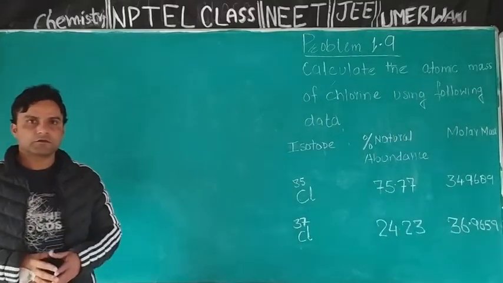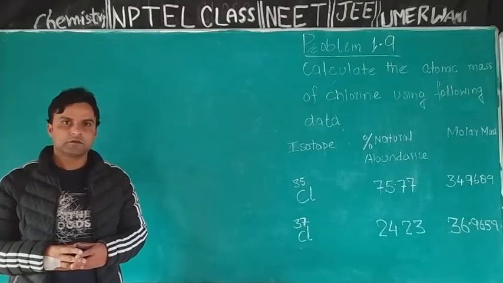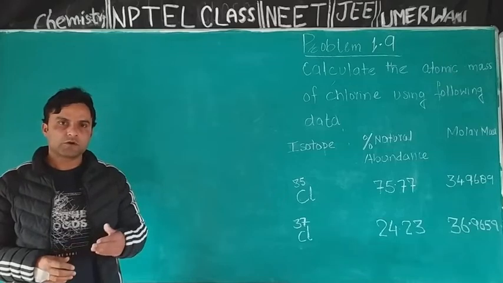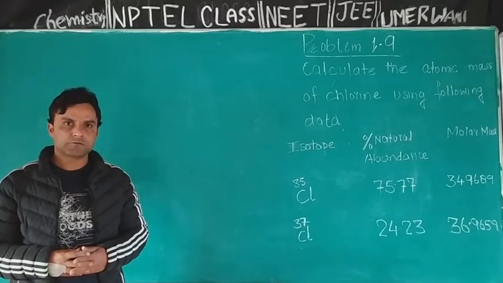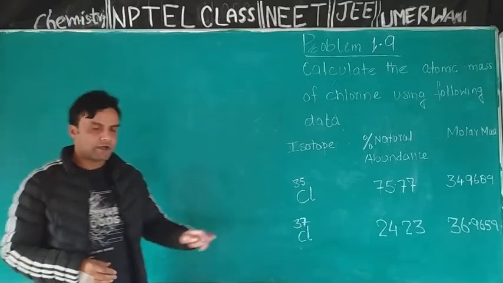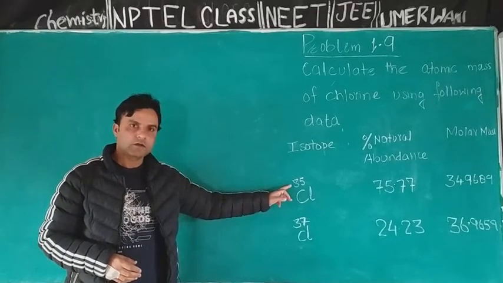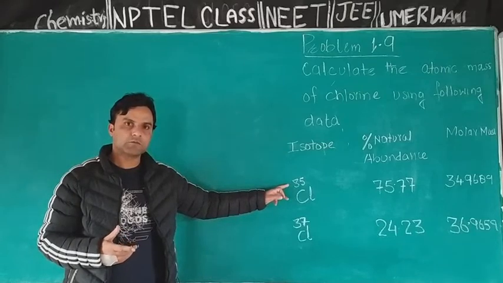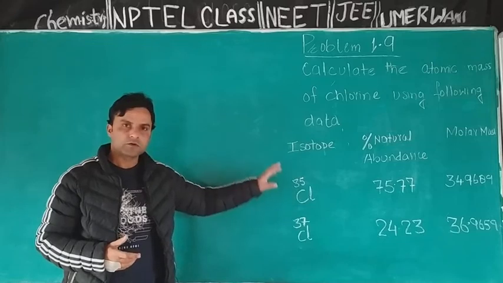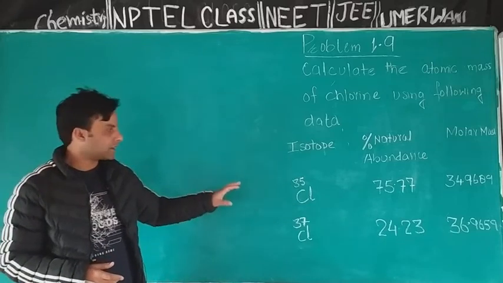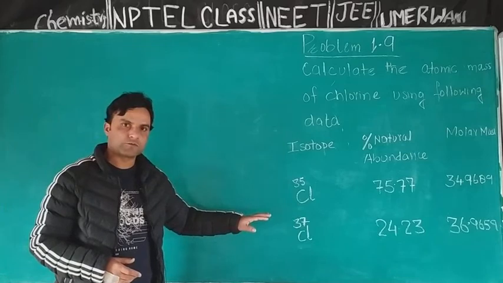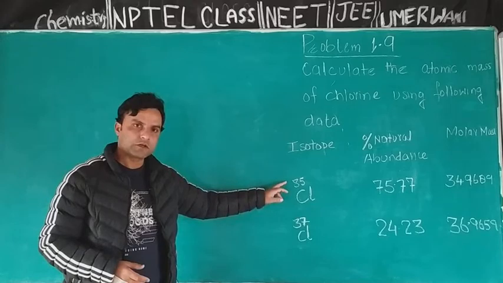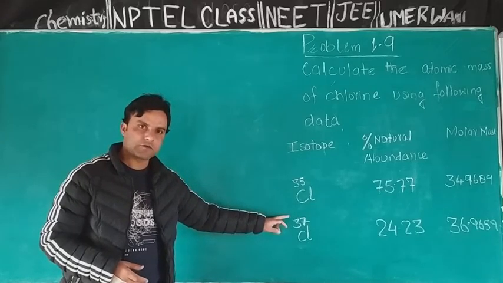This problem is based on the idea that if an element exists in nature in the form of two or more stable isotopes, each isotope has its own relative atomic mass, which is a whole number. For example, chlorine exists in nature in the form of two isotopes, chlorine 35 and chlorine 37.